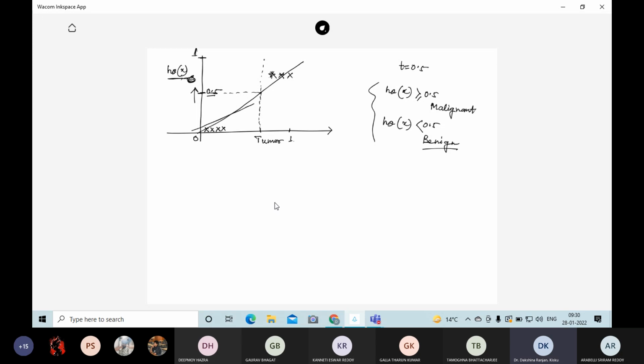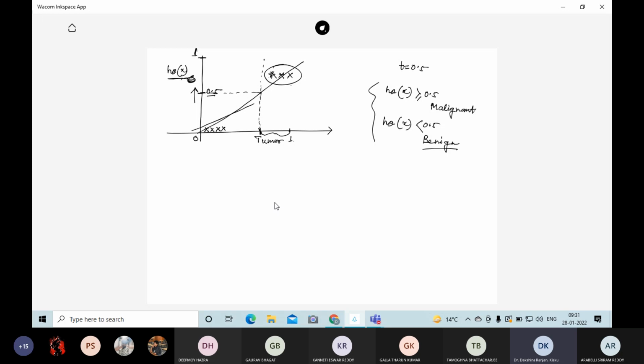Here clearly we can see that when the threshold is decided to be 0.5, these are the training examples which will be found to be malignant, because they are plotted beyond 0.5. So whatever training examples appear beyond this threshold, we can take as malignant, meaning they have the malignant feature.